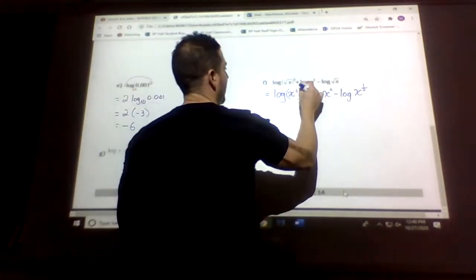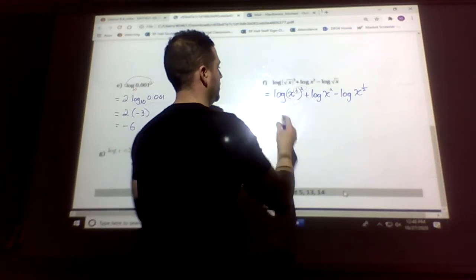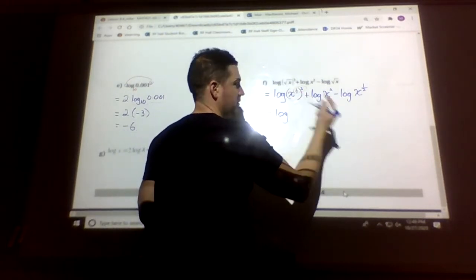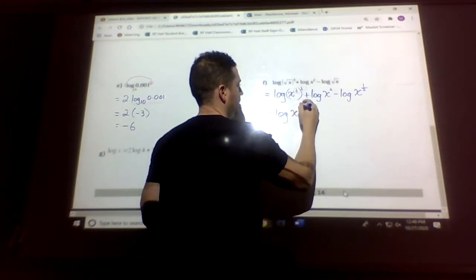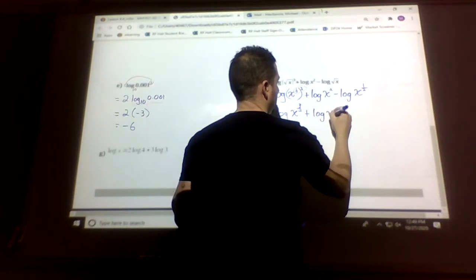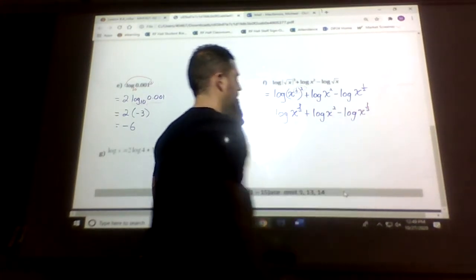Now I'm going to simplify this. When you have a power of a power, going back to grade 9, we multiply those. So 1/2 of 3 is 3 over 2, plus log x squared minus log x to the 1 over 2.